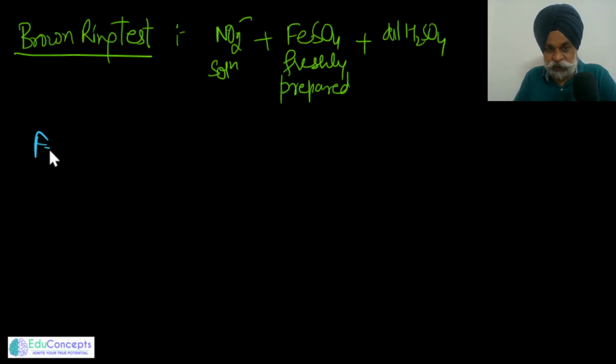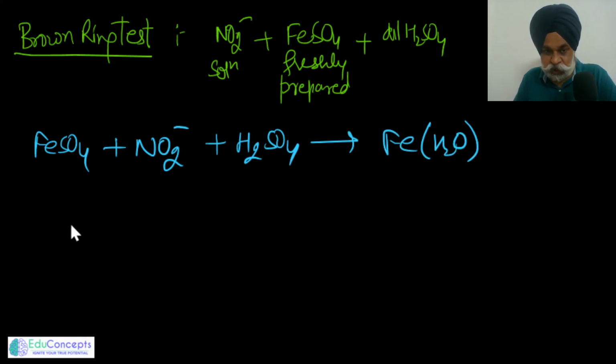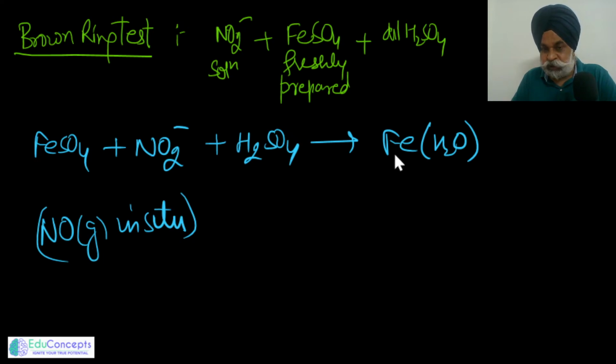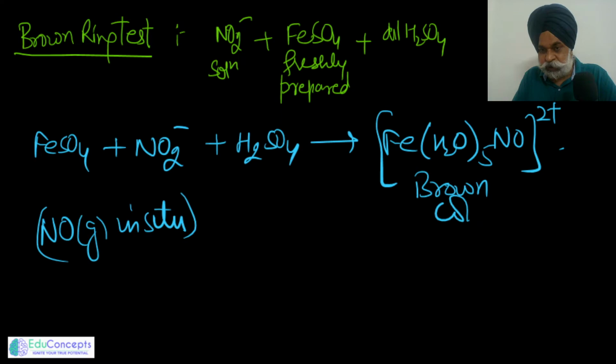So basically freshly prepared ferrous sulfate is treated with nitrite ion solution along with sulfuric acid, and during this process it produces NO gas in situ, and that NO gas then reacts with this particular species to form this complex. Is it okay? So you always have to keep in mind that this particular complex has a brown color.